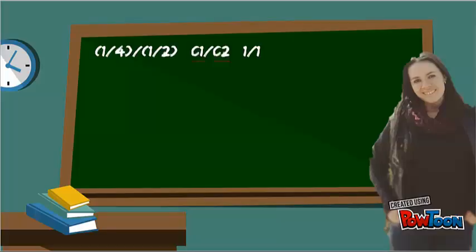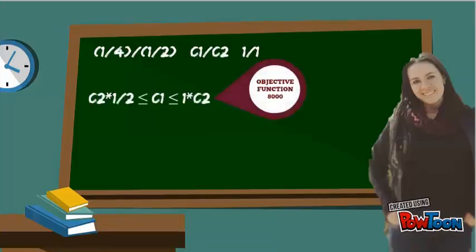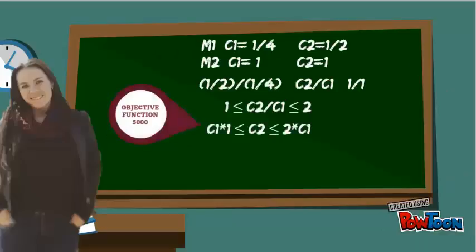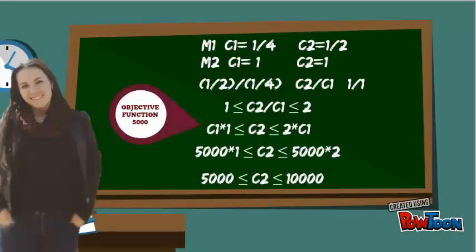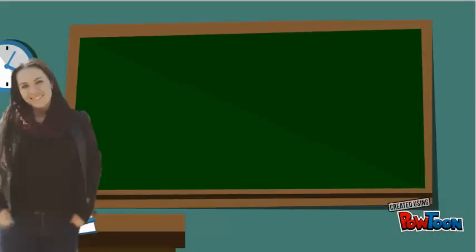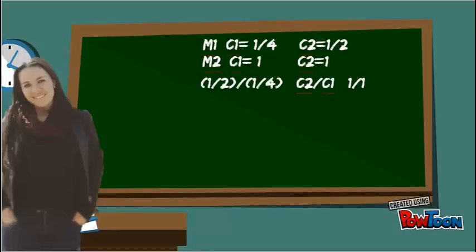Substitute the values of the equation in a slope equation. It is located, then if necessary, clear the denominator. The value of C2 we find in the objective function is equal to 8,000. We do the same with the equation C2 divided by C1.